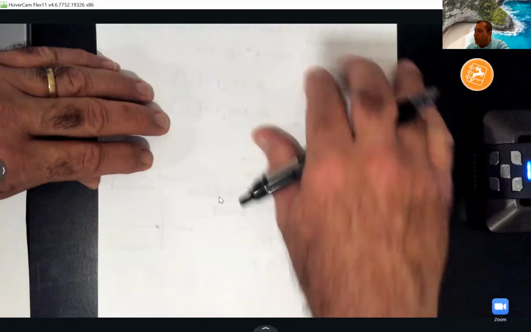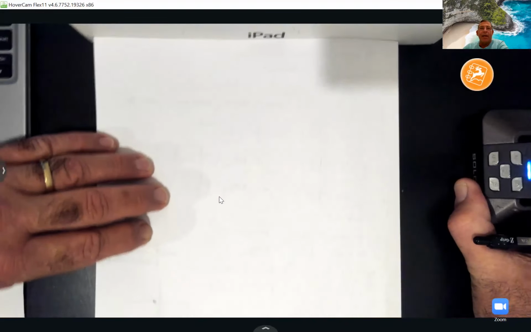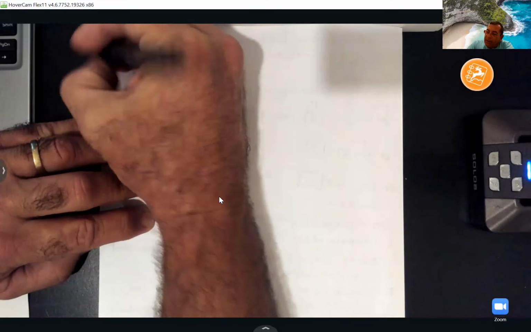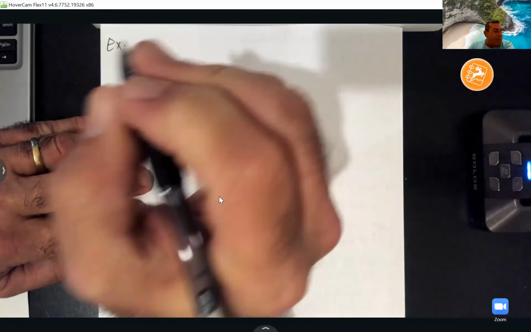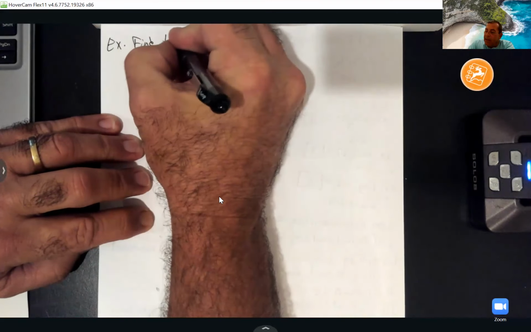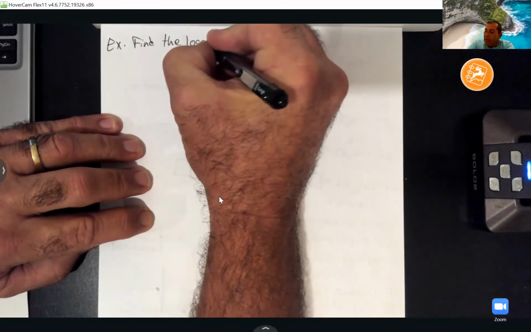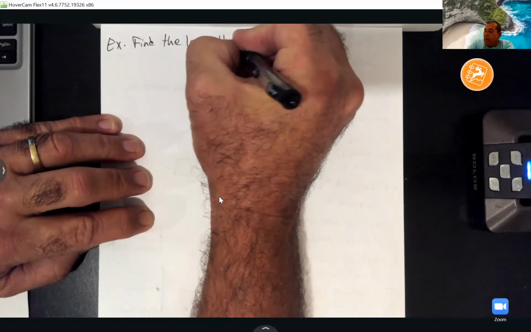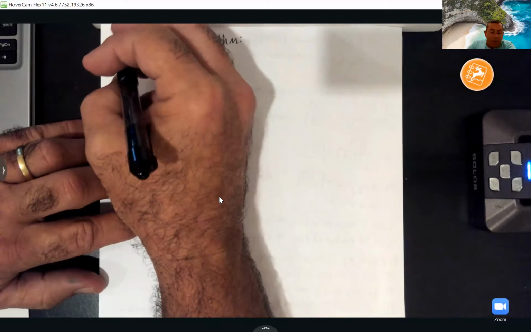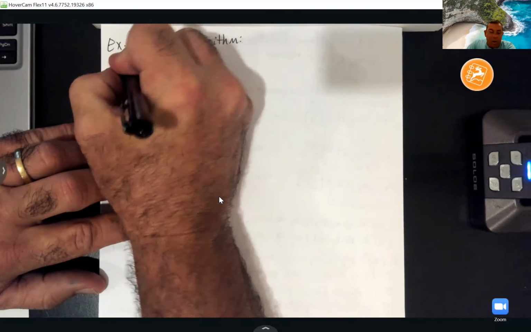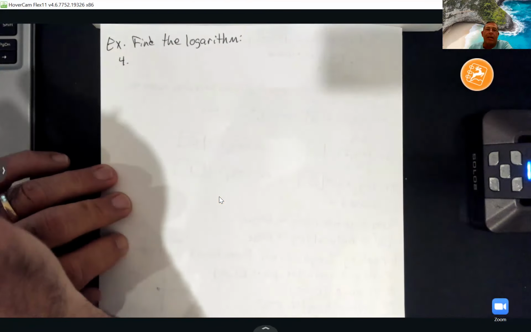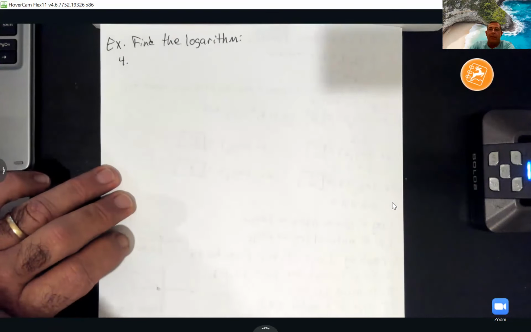So y'all, what I want to really do now is show you how to find these logs on your calculator. For these examples, they want us to find the logarithm, which basically means find exponents, right? So these will start around number 4. The first 2 or 3 were just looking at the graphs like we just did.